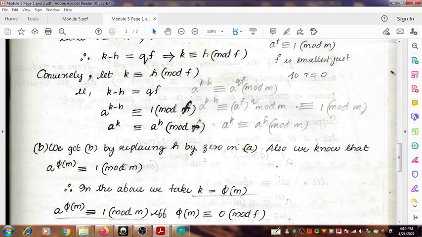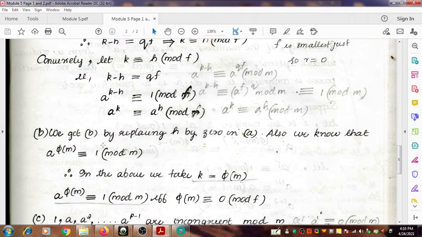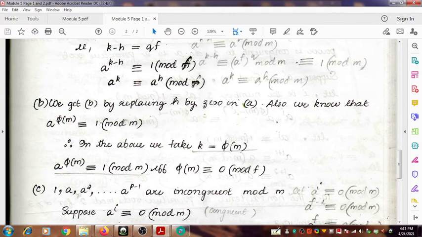Then multiplying those two congruences, you get that A raised to K minus H into A raised to H is congruent to 1 into A raised to H mod M. You have to change this F to M. These two F's must be changed to M. Okay, that is the end of the proof, and thus we get the result in that case. Next, to prove the B part, we get to the B part.